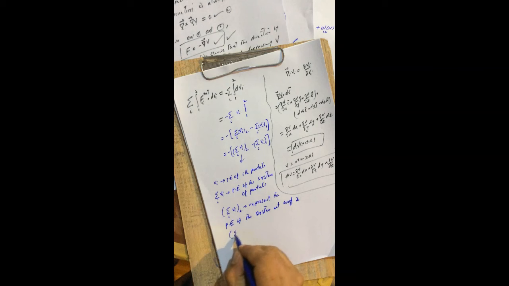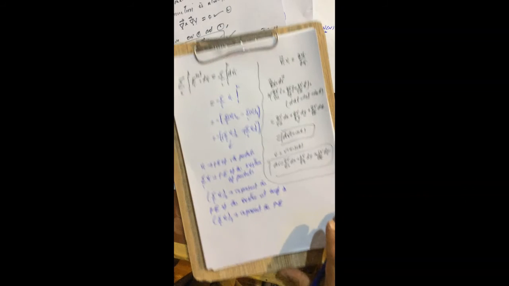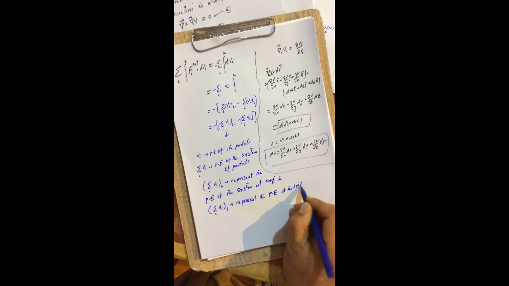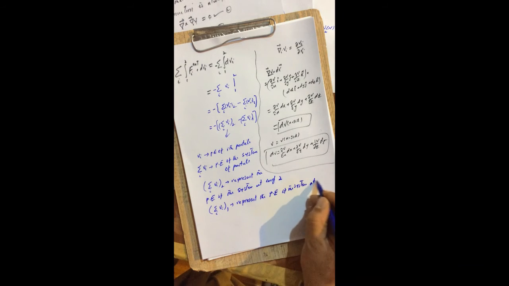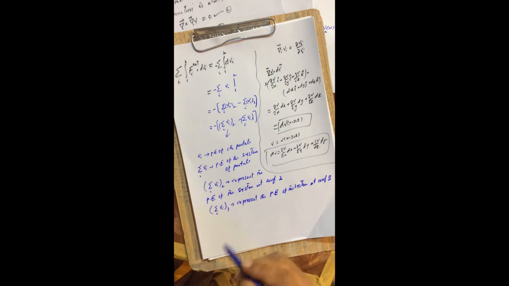Similarly, the term sum over i V_i at 1 represents the potential energy of the system at configuration 1, and that potential energy I represent by V.